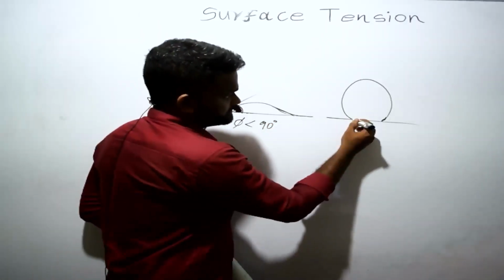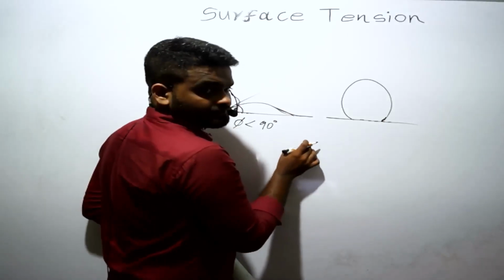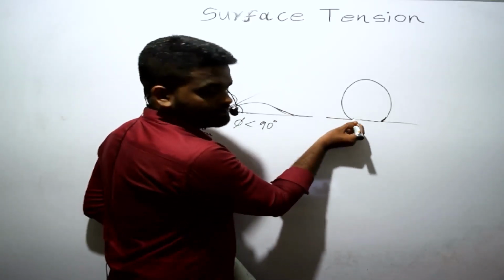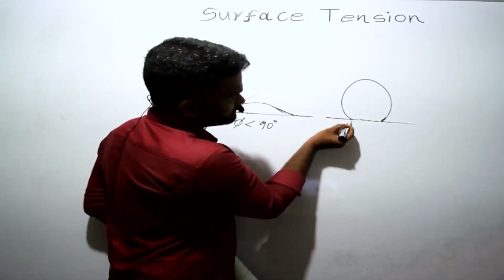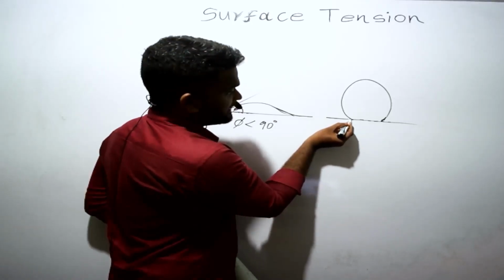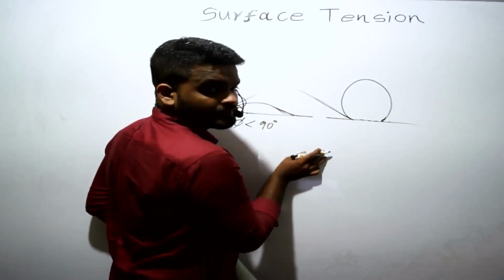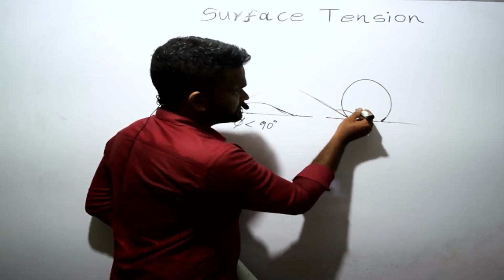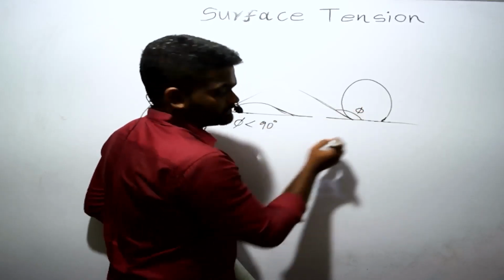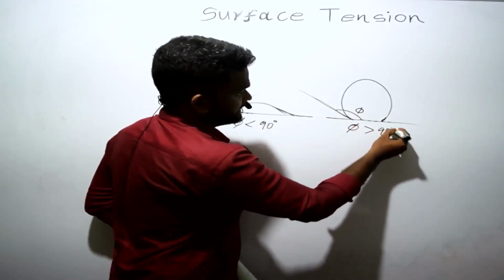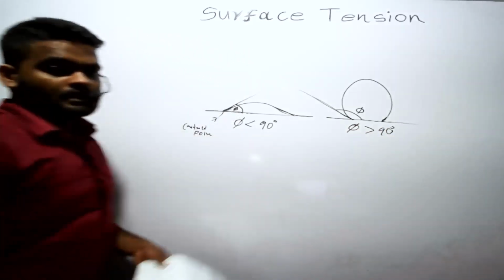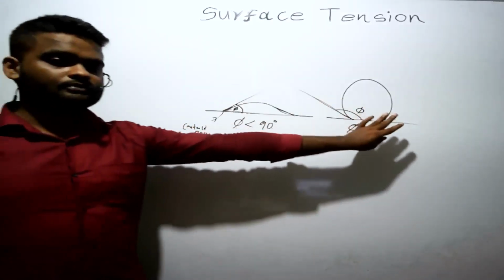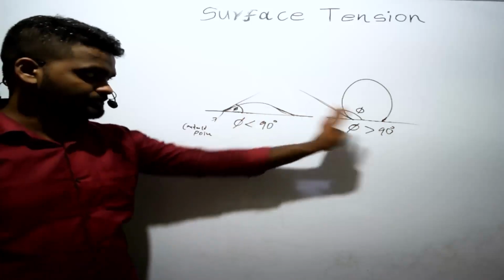Here, what is the surface? Contact point. If you draw a tangent to the liquid surface at this point, the tangent goes like this, right? You can see for mercury, it is an obtuse angle, so it is greater than 90 degrees. Draw these two below the sentences.